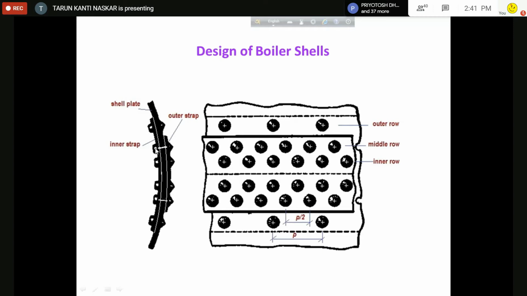Now this is the middle row, this is the inner row. Similarly middle row, inner row, middle row, and the outer row. Now this is the pitch. That means for the middle row and inner row this is P by 2 when this is the pitch. So the frequency here is more. Okay, so this is the shape of the boiler shell.